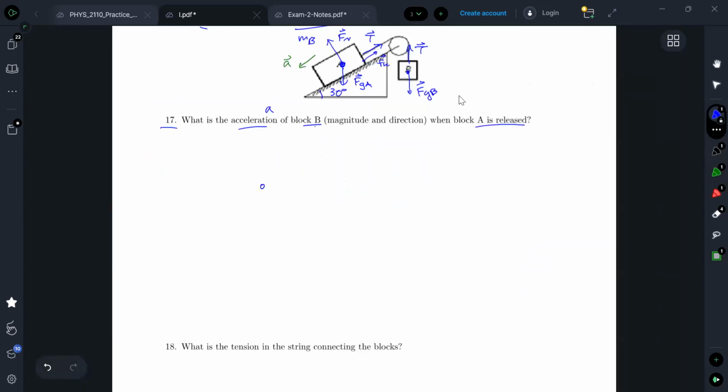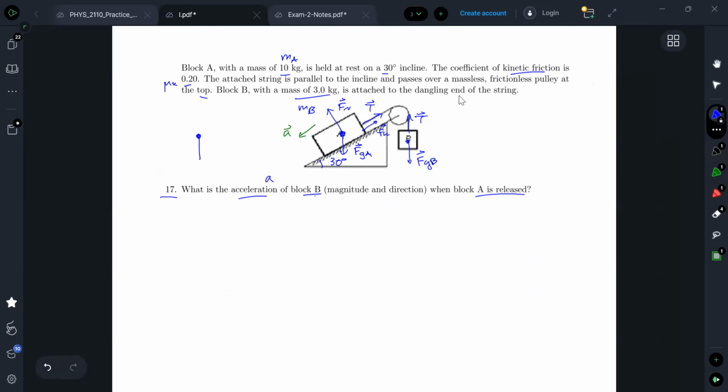So let's turn that into free body diagrams. For A, actually I'm going to draw them up here, save some room. FGA, tension, kinetic friction, normal force.